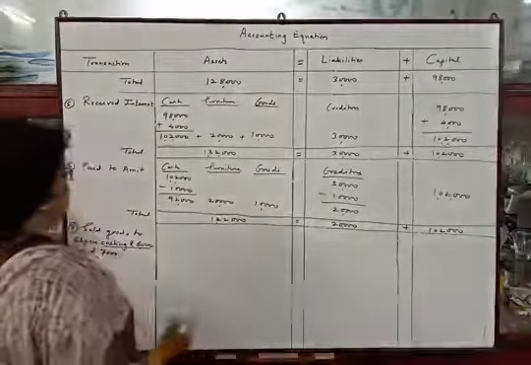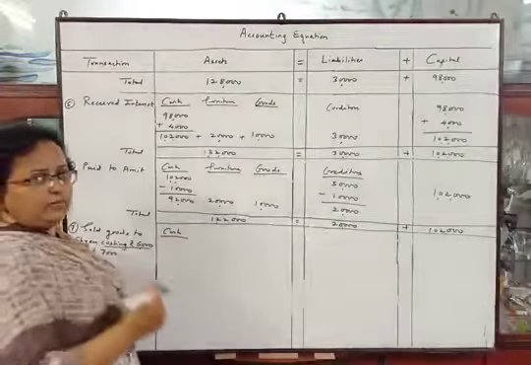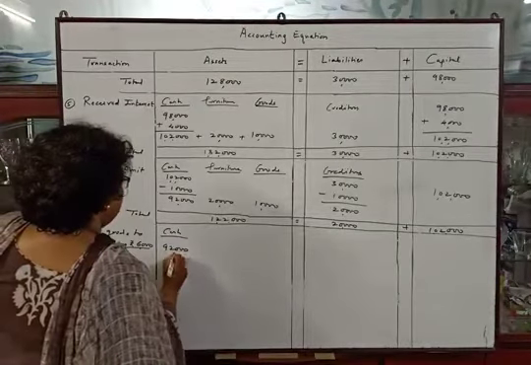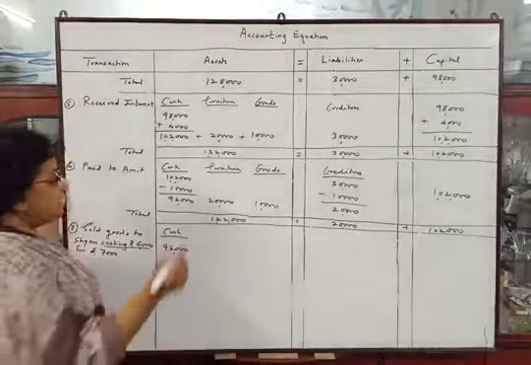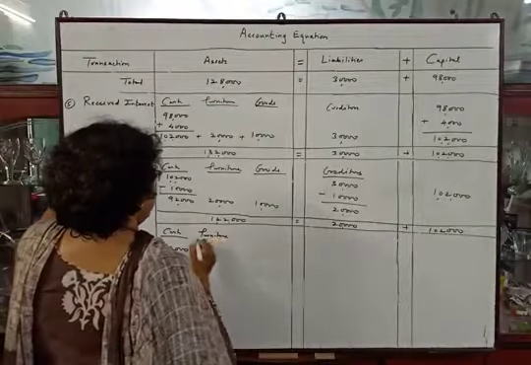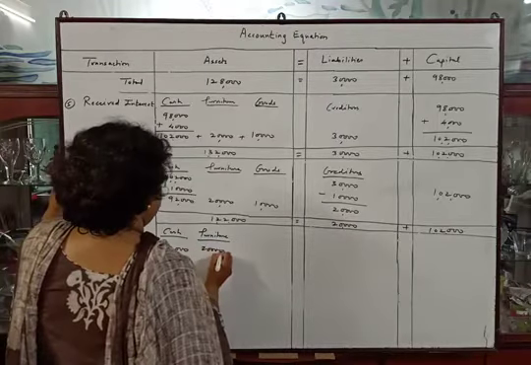Okay, so cash. As this is a credit transaction, there will not be any change in cash. So cash will remain as it is, that is 92,000. Then furniture, there will not be any change in furniture. 20,000 furniture will remain as it is.